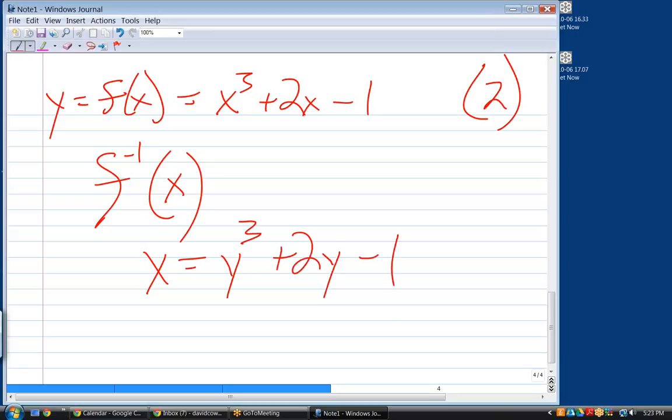Now notice how hard it is to solve for y. So we can't do this like a normal inverse problem. In other words, this is a calculus problem, not algebra. It's not a precalculus problem. In pre-calc, we would normally be able to solve these. And in fact, if it's anything other than a cubic, we could solve it. But there's a calculus approach.